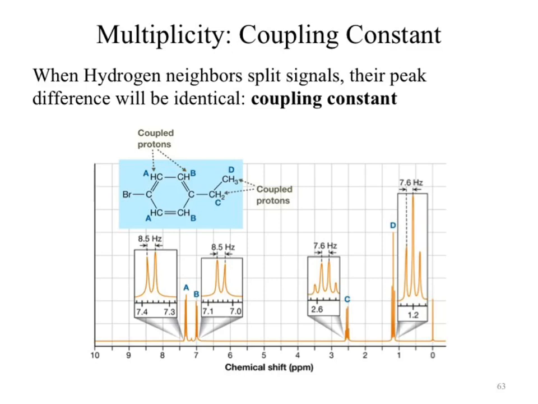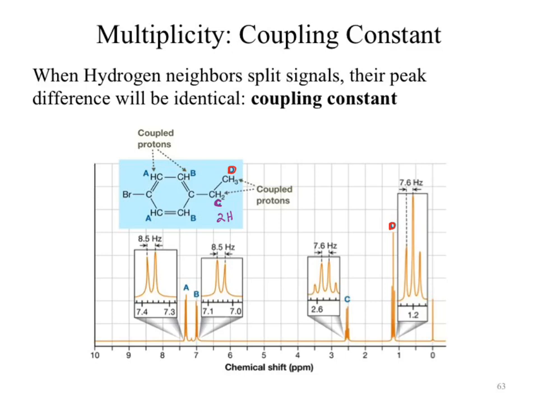There's reference to a coupling constant in your textbook. I don't want to spend a whole lot of time on it. That coupling constant is referring to the distance between peaks. So if we take a look at our D hydrogen, where are its neighbors? It's the C hydrogens, and there are how many? 2 H's.